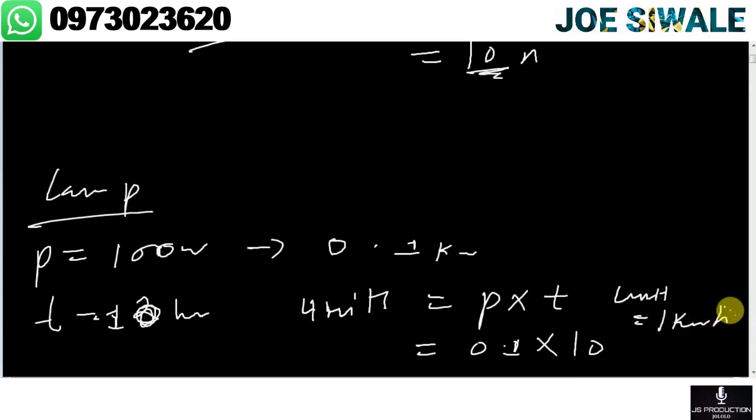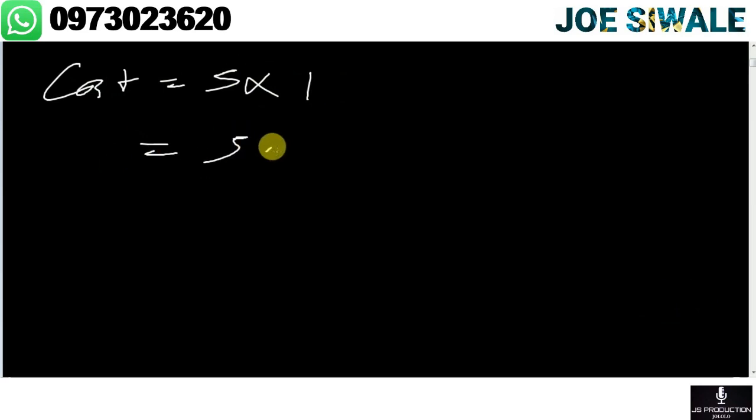Since we have 1 kilowatt hour as our units, we can calculate the cost of using a lamp. The cost will be equal to cost per unit, that's 5 ngwe, multiplied by the units we calculated, 1 kilowatt hour. So the cost there is going to be 5 ngwe.